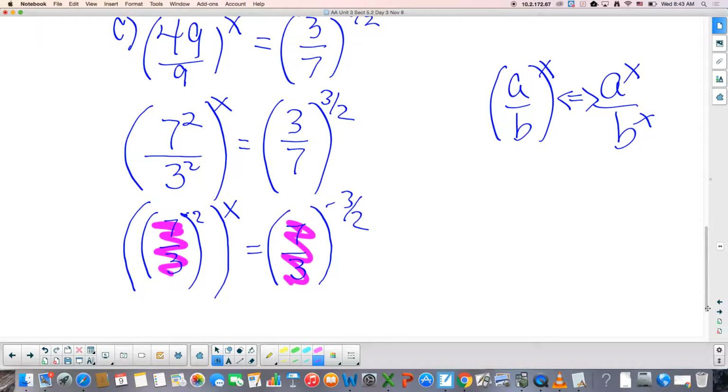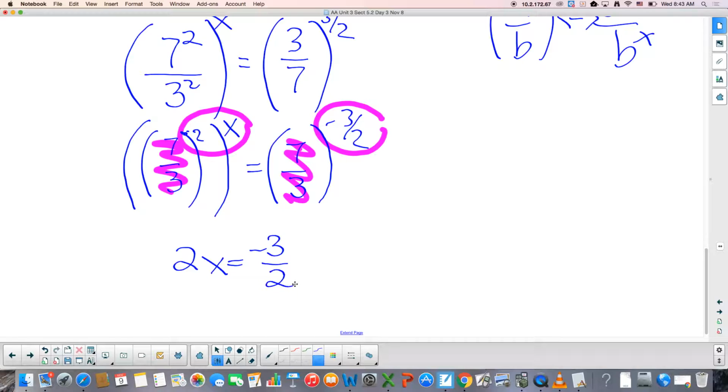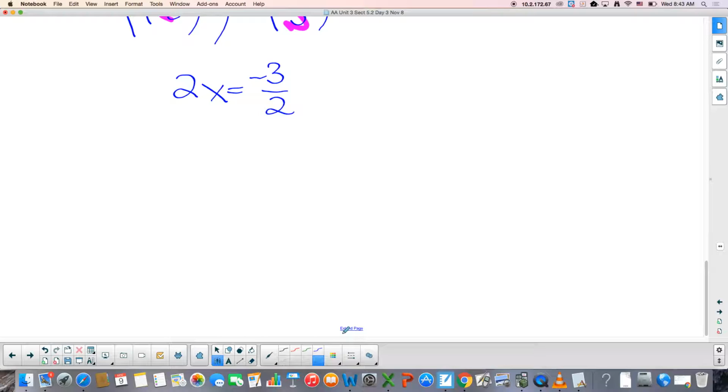And if the bases are the same, then what has to be true about my exponents? They have to be equal. So 2 times x has to equal -3/2. That's a nice linear equation. Now, be careful. Question?